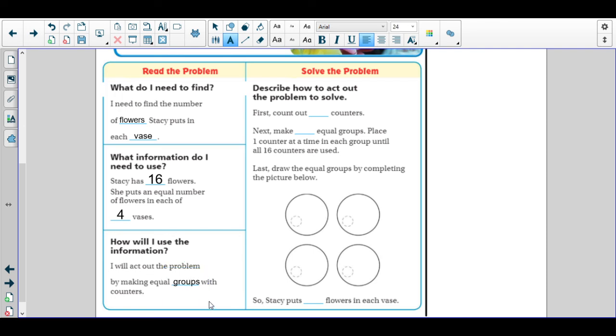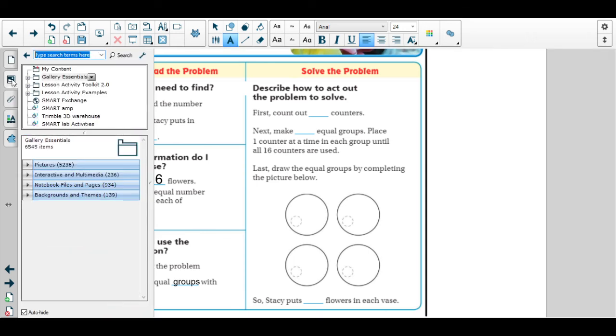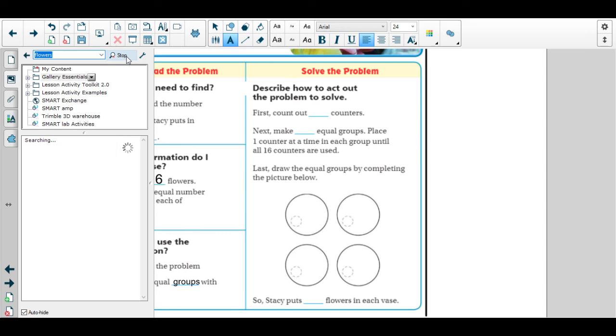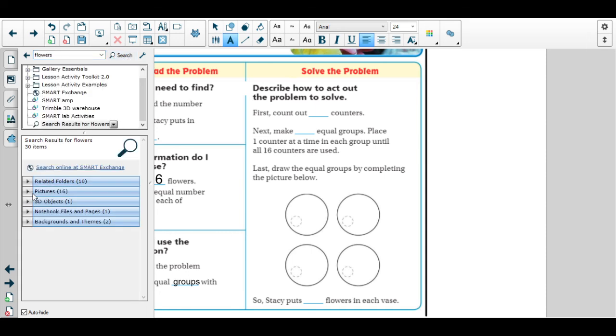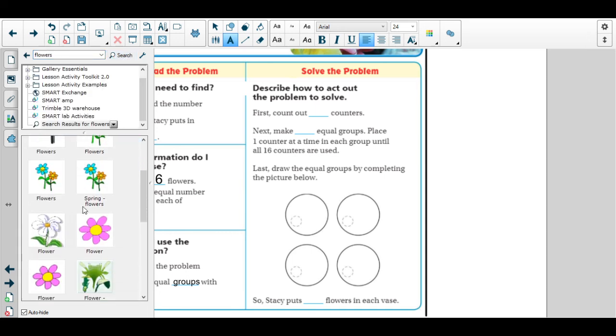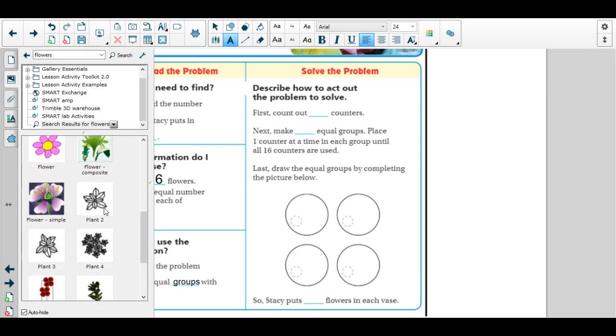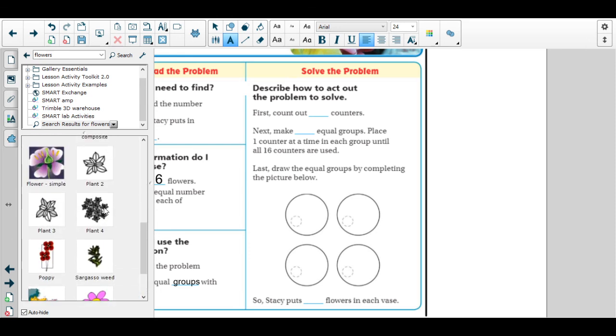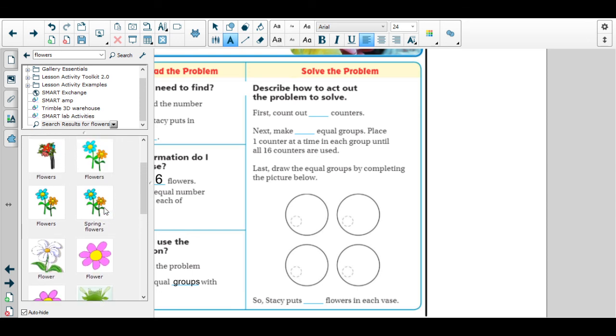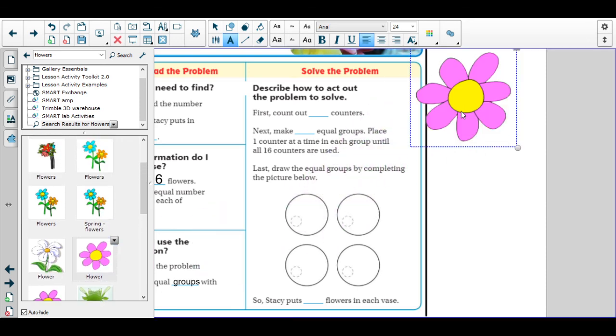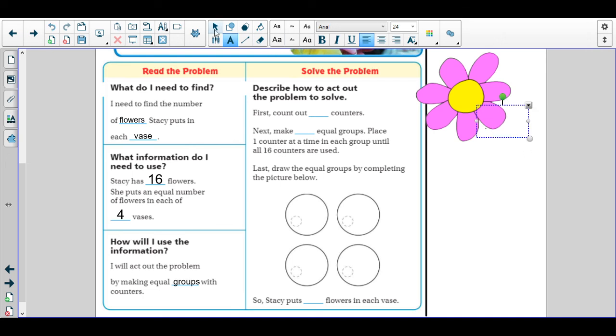So, first we need to count out 16 counters. And, if we're going to do this, we might as well do this the right way. Let's look for flowers. What kind of flowers we got here? Anything in here that looks good? You know what? We'll just grab this one right here. Okay.